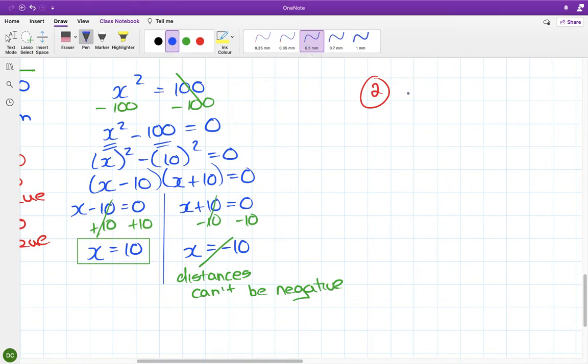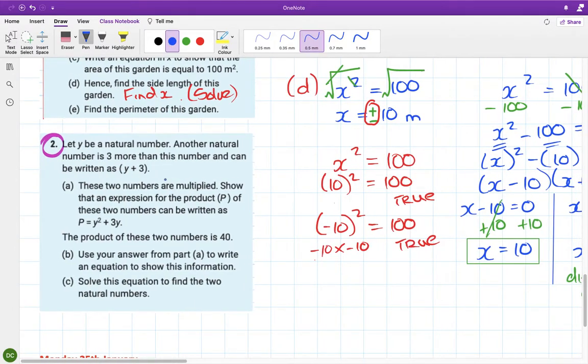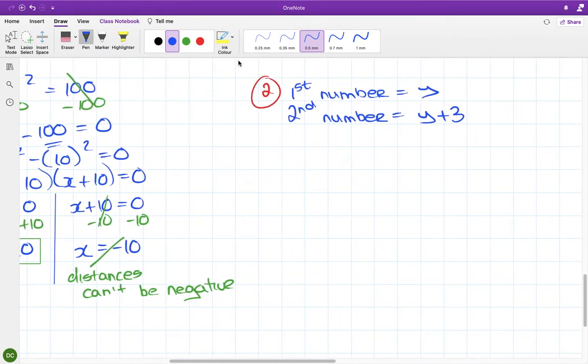Our first number is y, and our second number is y plus 3. These two numbers are multiplied, and show that the expression for the product, remember product just means multiply, of these two numbers can be written as y squared plus 3y. So we need to multiply them and see if that's what we get.